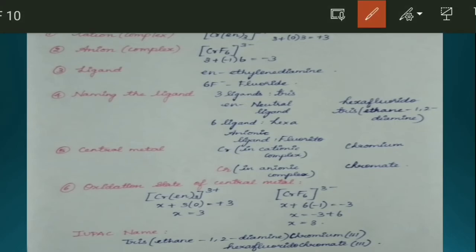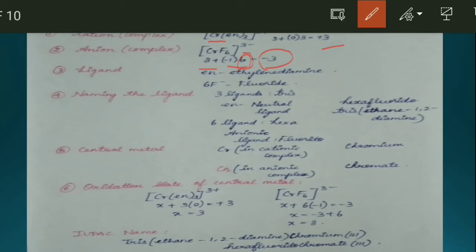The oxidation state of chromium is 3, and ethylene diamine is a neutral ligand, so it is +3. Here the oxidation state of chromium is 3, and fluorine is an anionic ligand, so it has a minus charge, and we have 6 fluorine atoms, so we get -3, so it is an anionic complex.